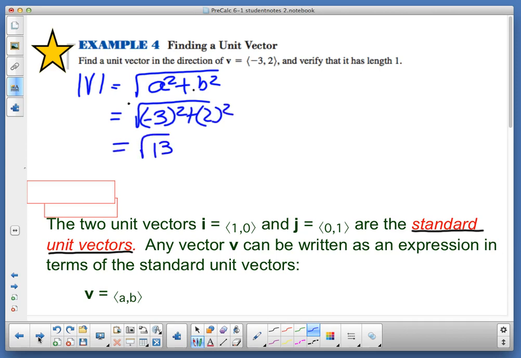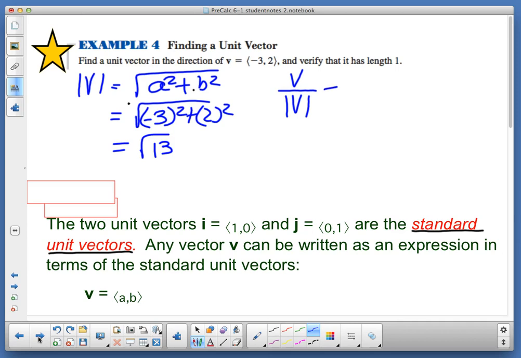Okay? If I'm going to do my unit vector notation, and remember, on the previous page when we were talking about that, unit vector notation takes vector v and divides by our norm, or the magnitude of the vector v. Are you okay with what I'm doing so far? I'm taking the vector and dividing it by its magnitude. I'm dividing each component, a and b, by my magnitude.